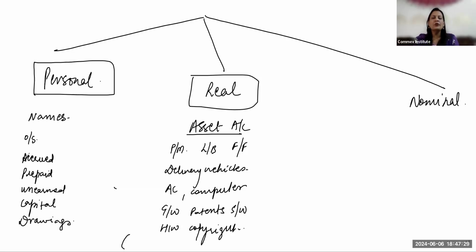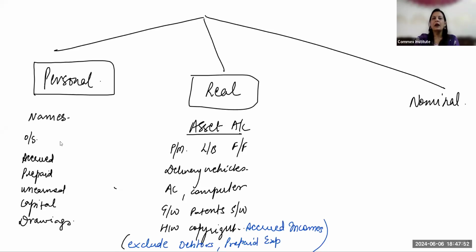Okay, here you have to remember what you have to exclude: debtors, because those will be covered under personal accounts, and you have to exclude your prepaid expenses, and you have to exclude your accrued incomes.